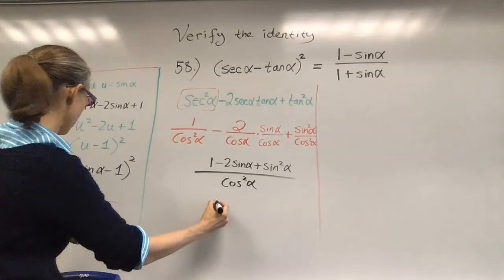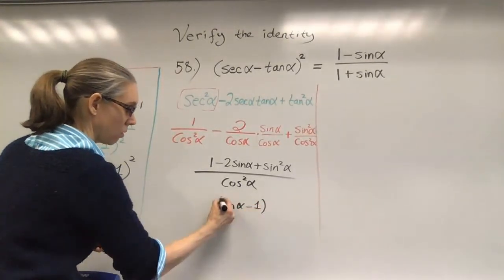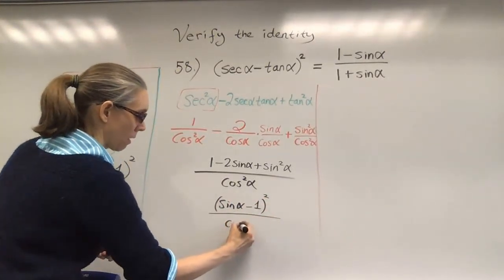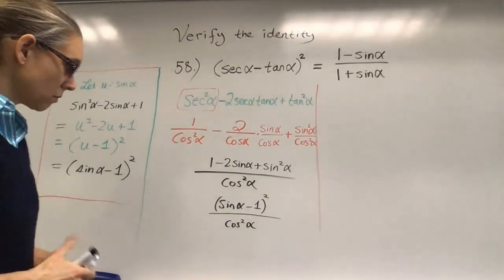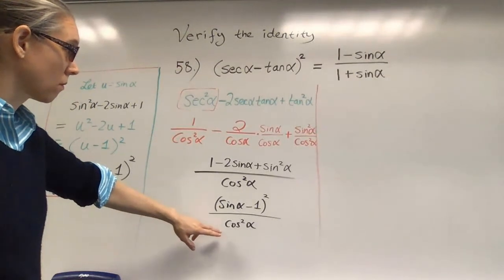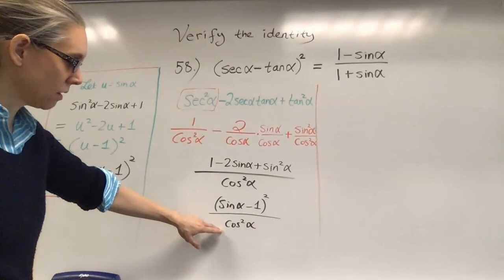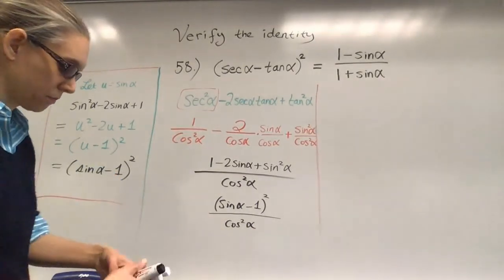Okay, so now my numerator is sine alpha minus 1 quantity squared over cosine squared alpha. Okay. Cosine squared alpha can be replaced with 1 minus sine squared alpha.